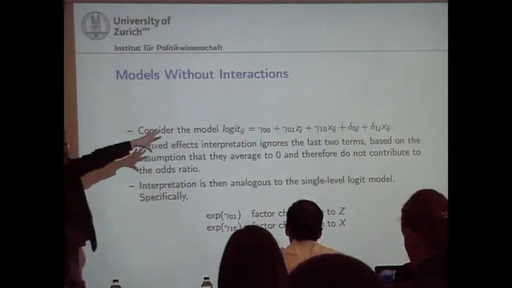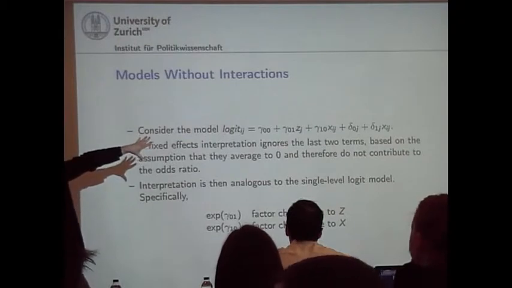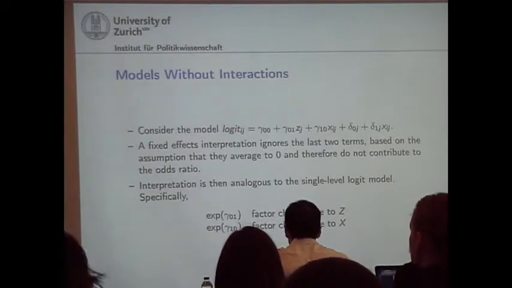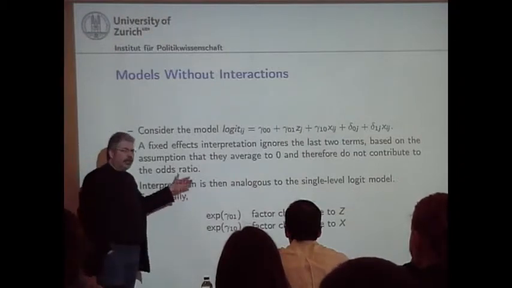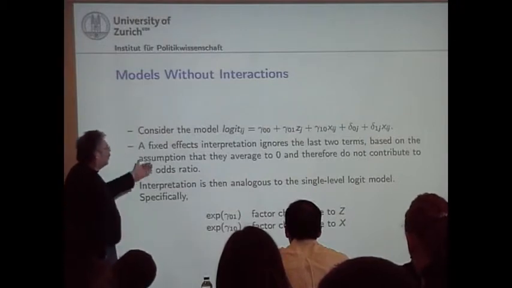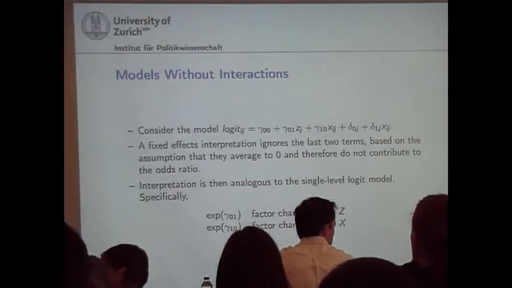And actually what we then end up having is basically the same setup as what we have in a single level logit model, because there's nothing different anymore compared to that model. And therefore we can actually do the interpretation analogously. And of course, the logit is the natural logarithm of the odds.